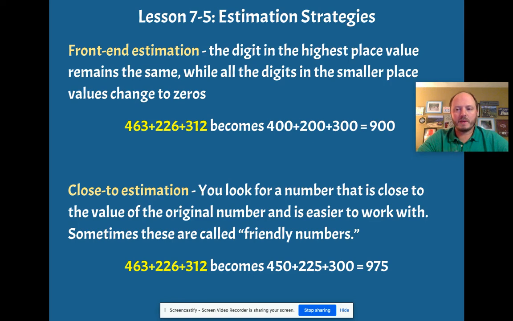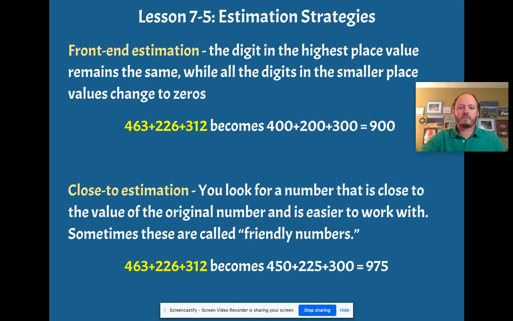And that's really the biggest idea about any estimation, is that we want to make this easy to work with numbers so that we can come up with something quick to think about as a possible or approximate answer, so that when we actually solve for the exact number, we can say, does this answer make sense? Is it close to my estimate, or is it not so close? Should I rework this problem and think about it some more?